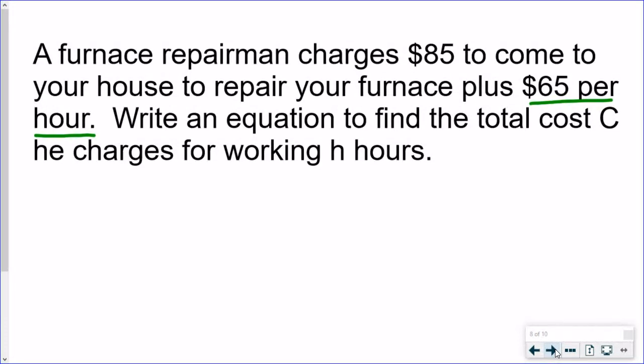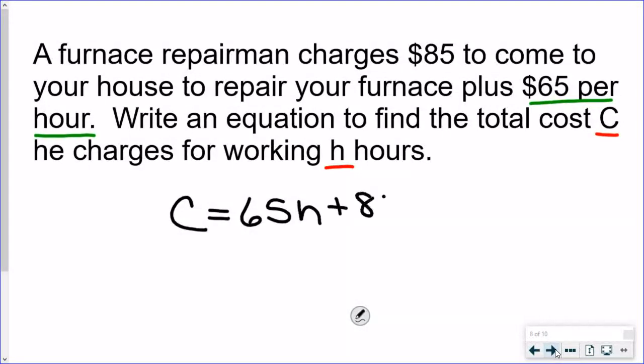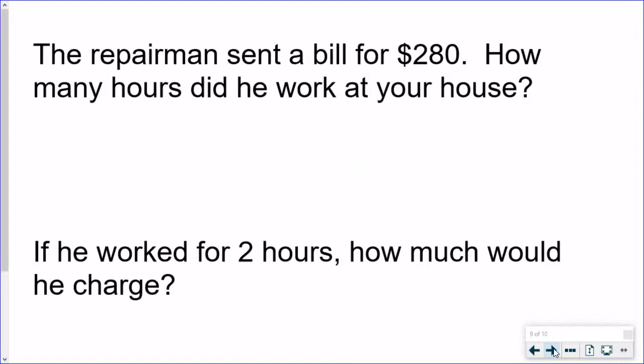The total cost C he charges for working H hours. So the cost is equal to, now remember, the per goes here, $65 per hour plus $85 just to walk in. So good job. That's not a bad job.